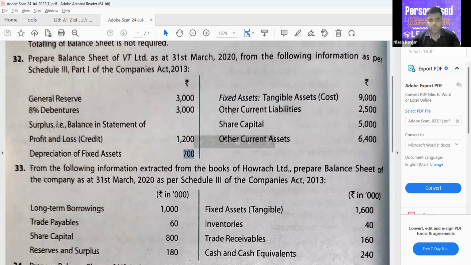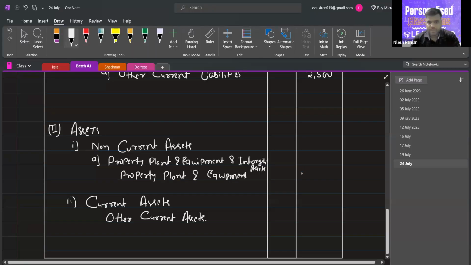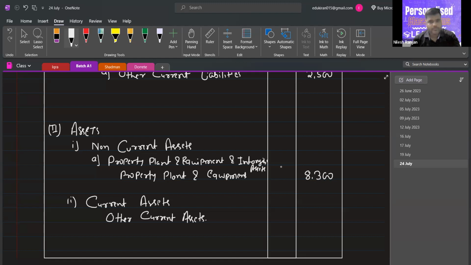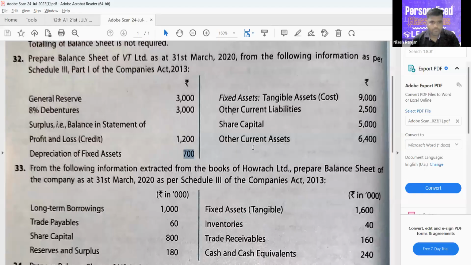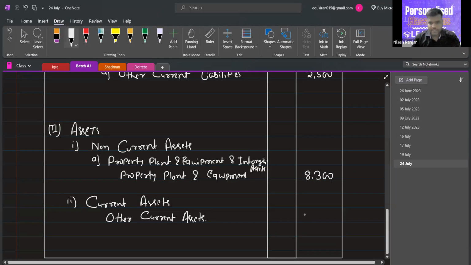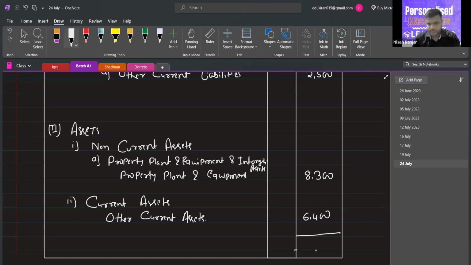So what we have to do, we will write the net amount, 9,000 minus 700, which is 8,300. Do you understand how we got 8,300? And there is 6,400 other current assets. So 6,400.